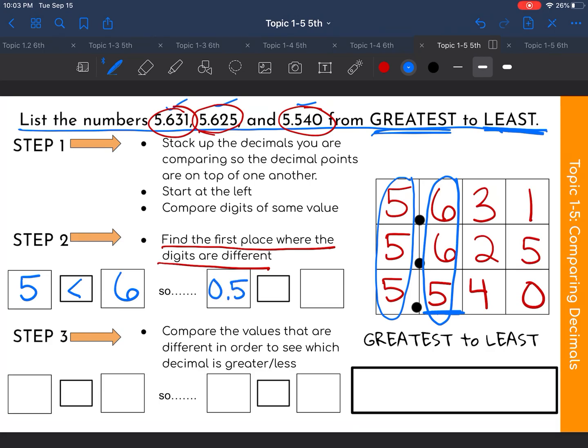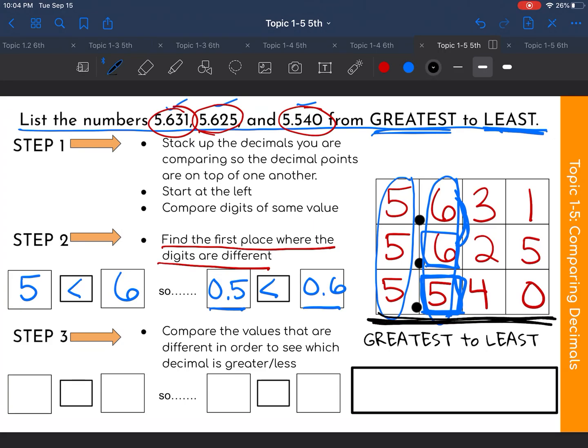So wouldn't that make sense that 5 tenths right here is also less than 6 tenths, which are these two up here? We know whole numbers that 5 is less than 6, so it would make sense that 5 tenths is less than 6 tenths, okay?